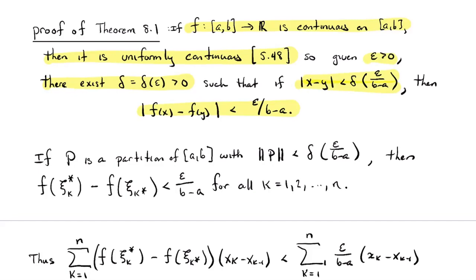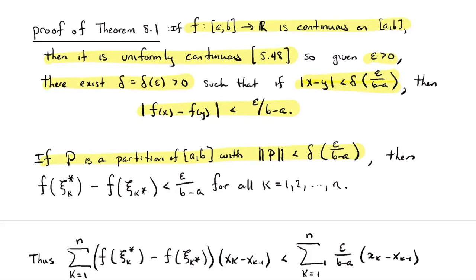Given this epsilon, I have this delta that depends on epsilon over b minus a. If I take a partition whose norm is less than that delta, which I could always do, right? If you want, you could take the partition so that the endpoints are equally spaced.